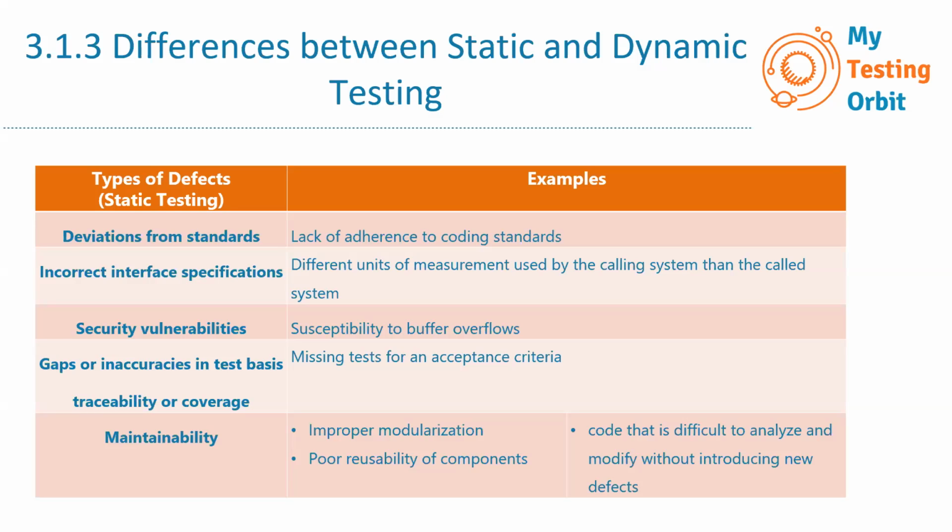Some of them just use the best practices used in the industry, or some of them modify those and write their own coding standards. If anything is not done as per those standards, then it's a deviation. For example, how the variables will be declared and how the comments will be written, etc.